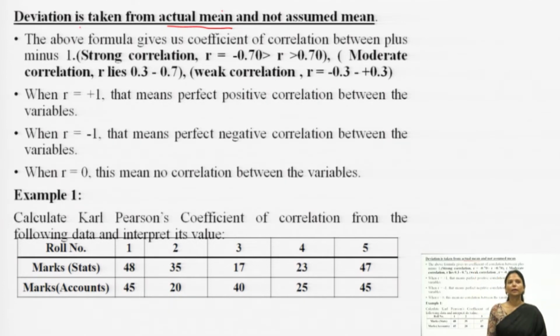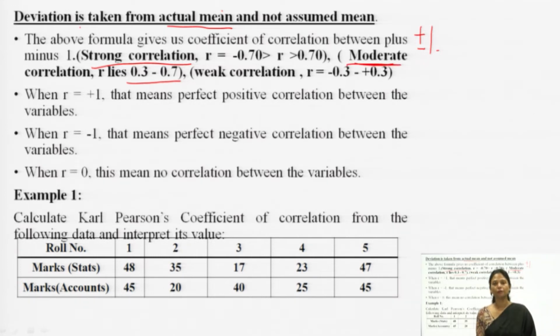The above formula gives us the coefficient of correlation between plus or minus 1. That means it gives us a value between plus and minus 1. If the answer comes out to be between 0.7 and 1, on either side, then we have a strong relationship between the two variables. But if the value of r lies between 0.3 and 0.7, then we have a moderate kind of relationship.